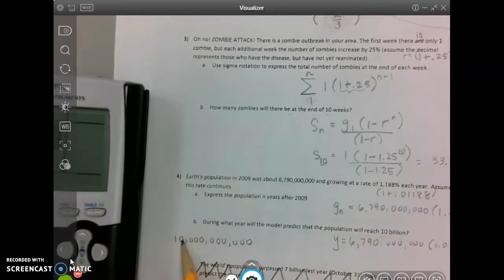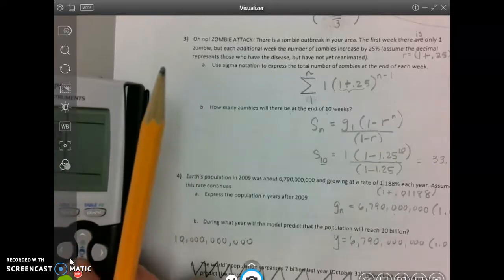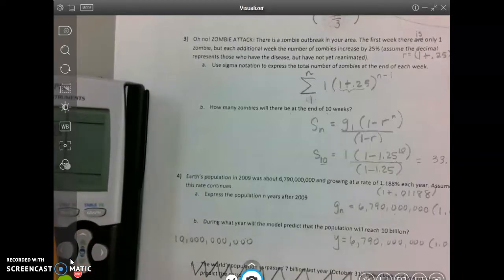See, that's 10 zeros. So 1 times 10 to the 10th would be 10 billion. So it happens right there at year 33, 34. And I guess it goes enough above the 10 billion, but they just want to know in what year will it reach 10 billion.